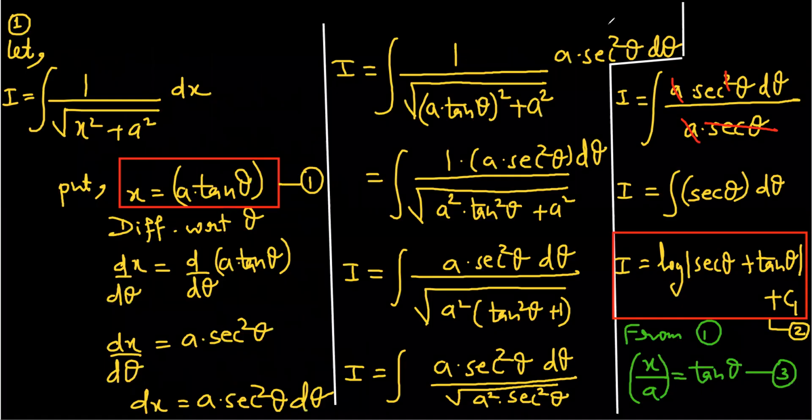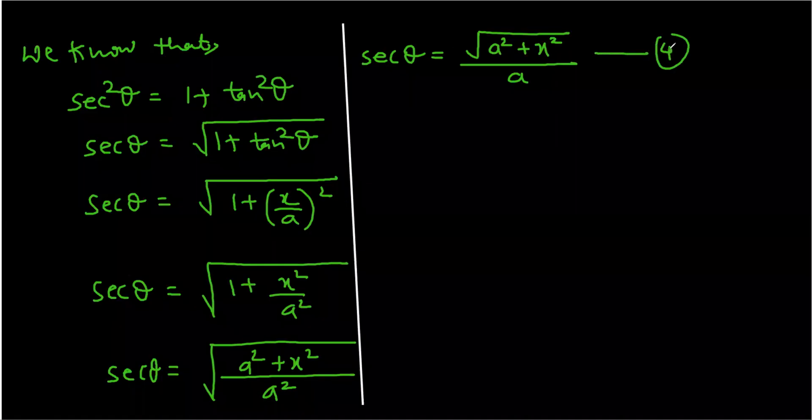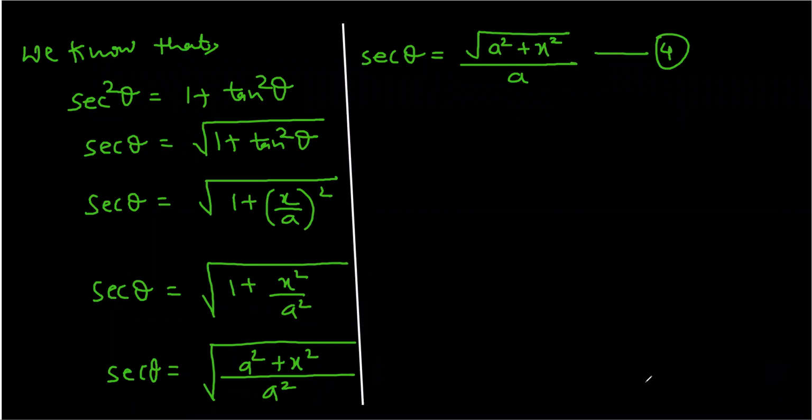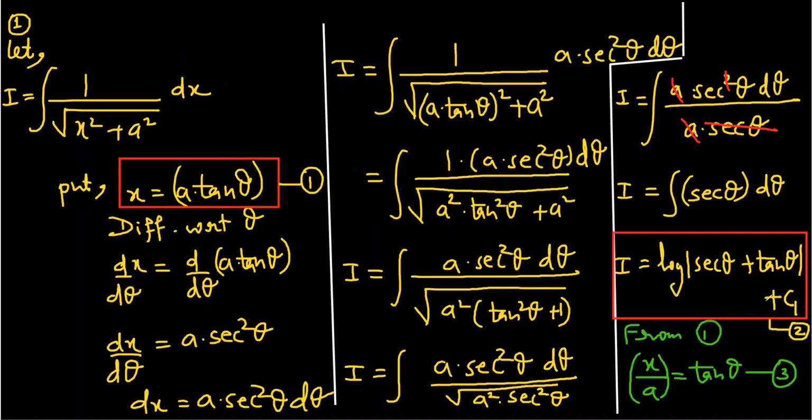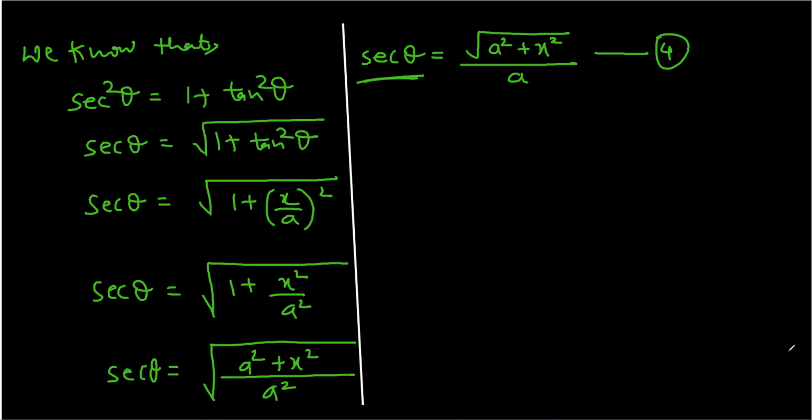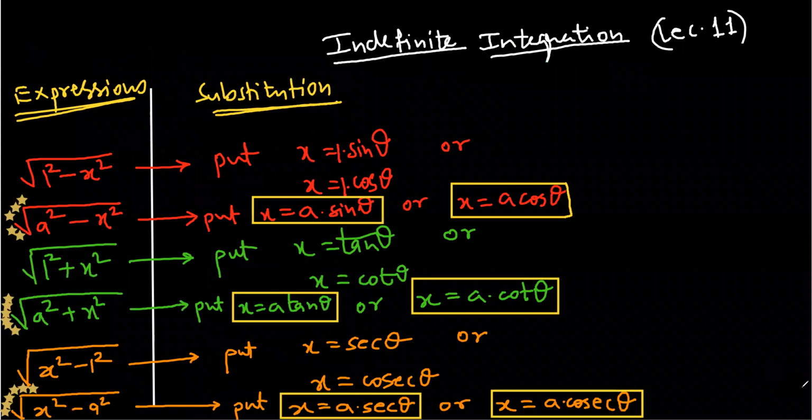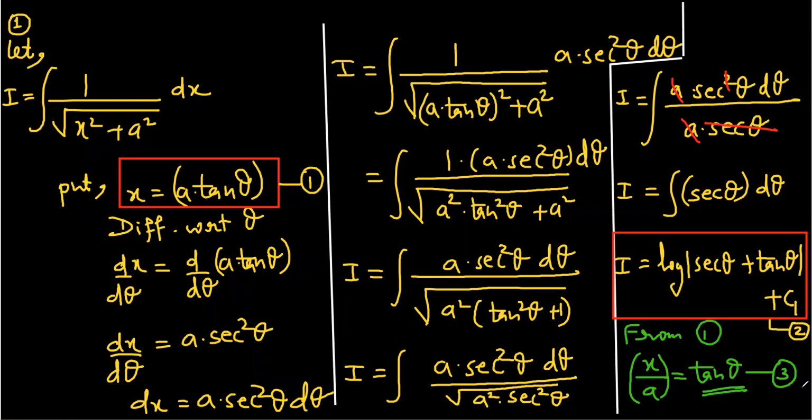This is number 4. What will I write now, students? I will write using 3 and 4 in 2. Using 3, tan theta we got from 3, and sec theta we got from 4.